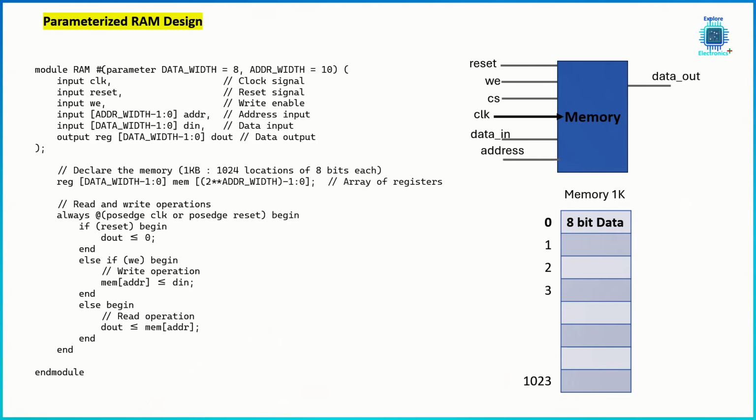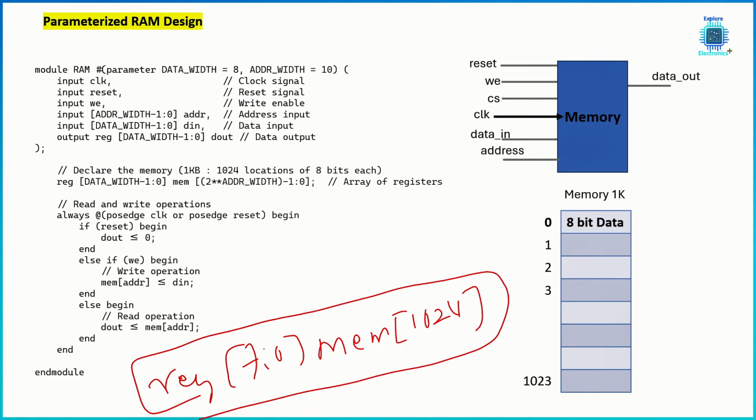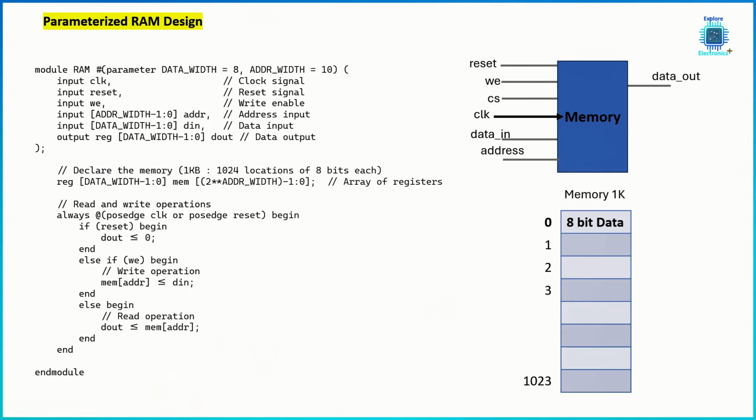Any array can be a memory here. A memory of 1024 is a simple representation, and it will be stored as a register. This will be a memory of 1024 locations with 8 bits inside.